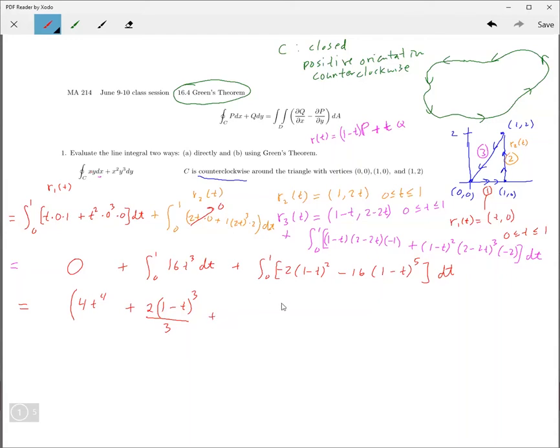And then this one is 1 minus t to the 6th power, over 6. There's 16 right here, but there's a negative. The negative comes out; this negative comes from the derivative of the inside.